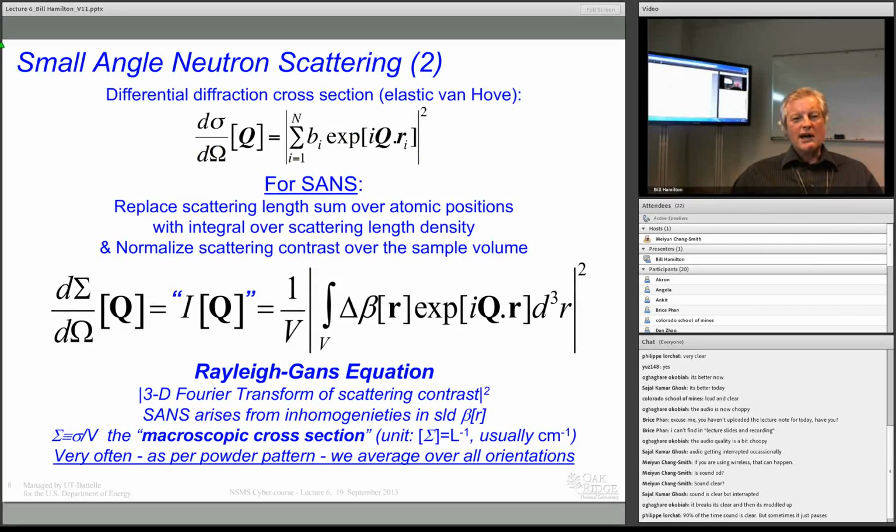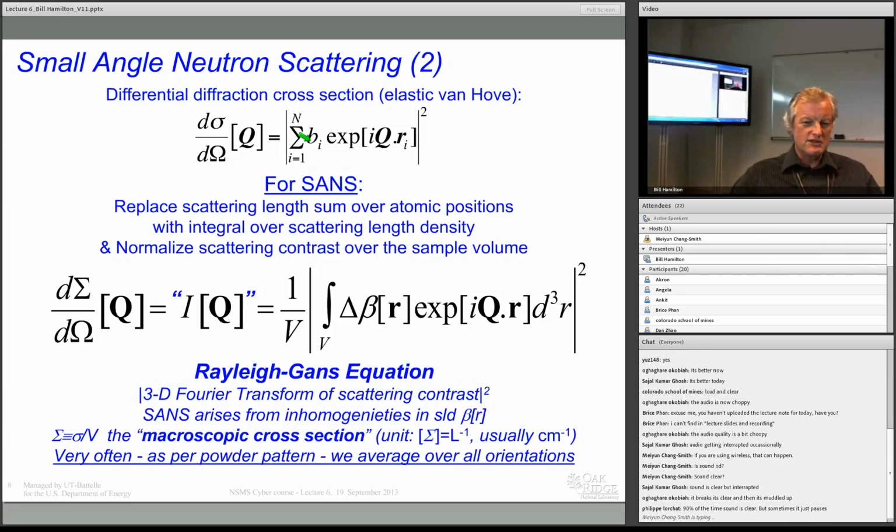What we've done here is take the standard Van Hove cross-section, and I'm interested in the position-by-position scattering length, this scattering length density contrast. I'm also going to divide by the volume of the sample. This basically gives me something called a macroscopic cross-section.